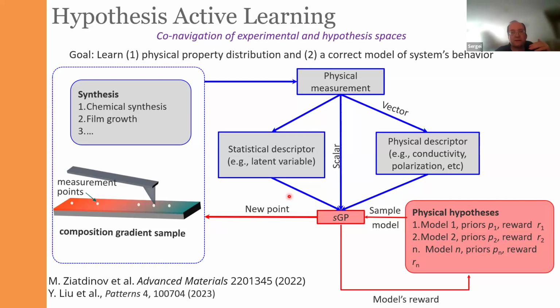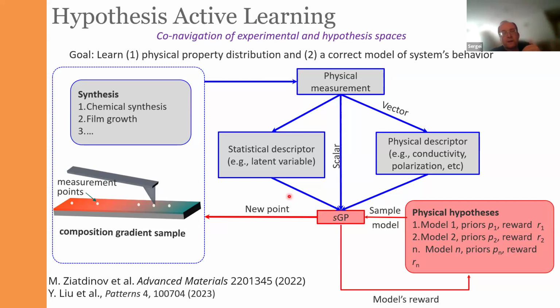But in many scenarios, I actually have competing hypotheses about the physics of the system. In the examples that I gave you, for example, I want to know the behavior of the mobility across the concentration space. Maybe the mobility is going to be depressed due to the mixed alkali effect, or maybe the mobility is going to be enhanced because of some positive interaction and doping effects.